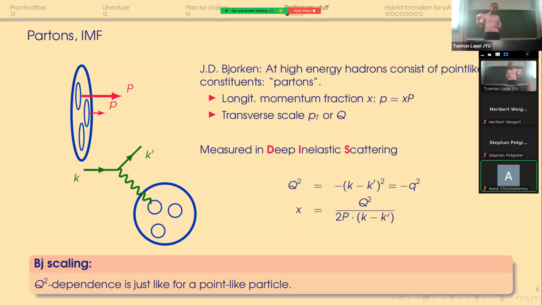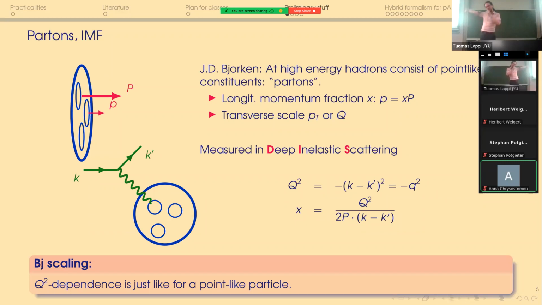But if we are interested in saturation physics, I think it's better to keep explicit the fact that the gluons actually have a transverse momentum. The relation to collinear factorization is a further step that we will not do here. That gets more complicated.